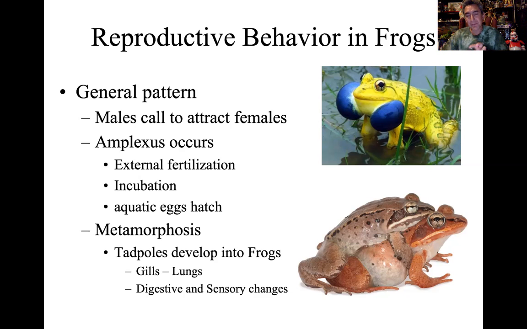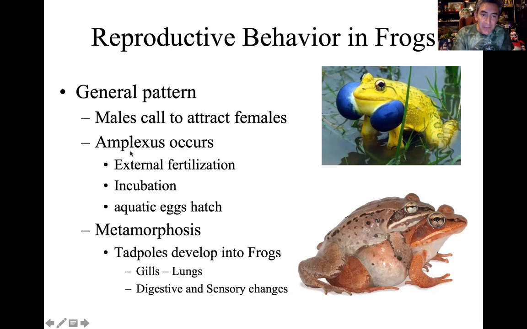It's a very big change, shifting from basically a fish with a lateral line eating plant material to a carnivorous frog. They lose their gills and develop lungs, and then the cutaneous aspect as well. Digestive changes, sensory changes, the eyes improve, the tympanum, the ear improves. So lots of changes go on in that metamorphosis phase, right?